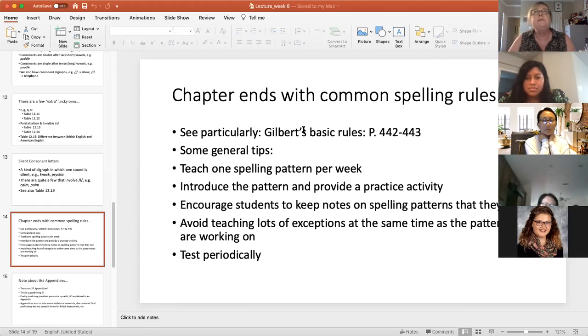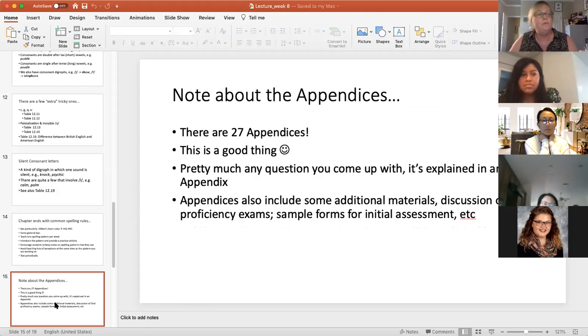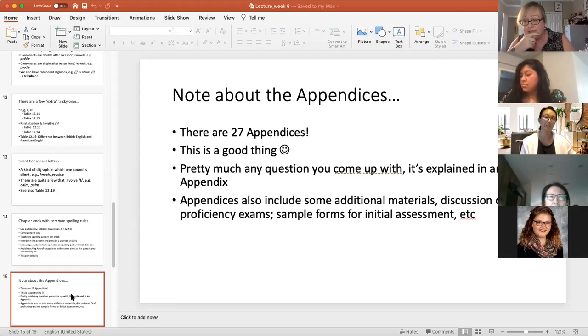All right, and that was pretty much all I had about that one. I will say that following this chapter, which is the end of the book, there are 27 appendices. This is a good thing, because pretty much anything you could come up with in terms of trying to understand what's going on is going to be explained in one of those appendices.